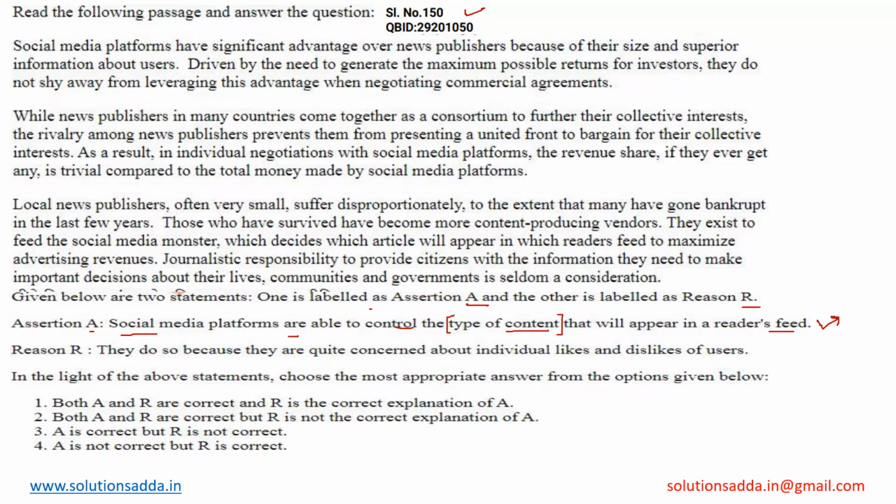A is correct. Whereas the reason for assertion A is written below. Let's read that. They do so because they are quite concerned about the individual likes and dislikes of the users, which is somehow true but not 100%, because on social media platforms, you observe that there are certain posts which are not based on our likes.